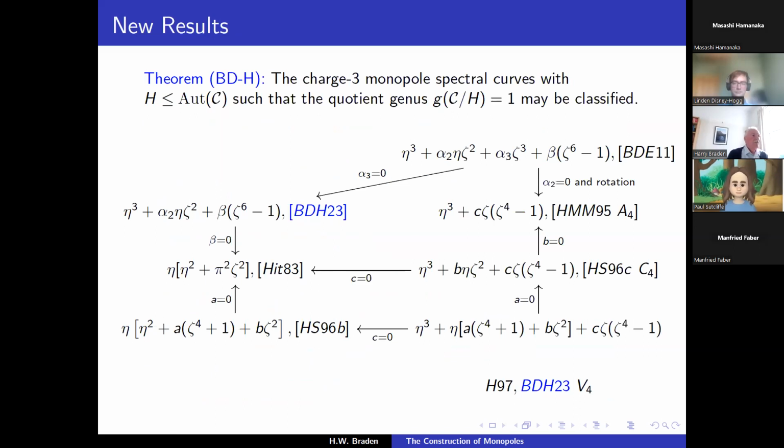In the last few minutes, let me just give 3 more slides. What about new results? Here I've indicated all of the known charge 3 monopole spectral curves.